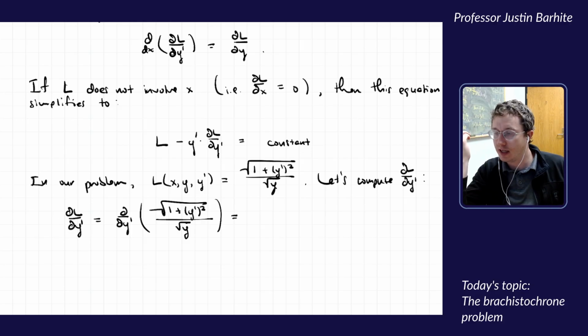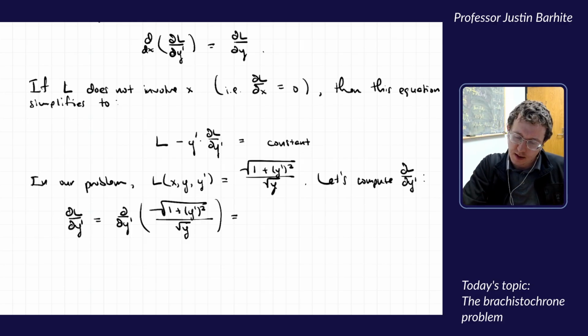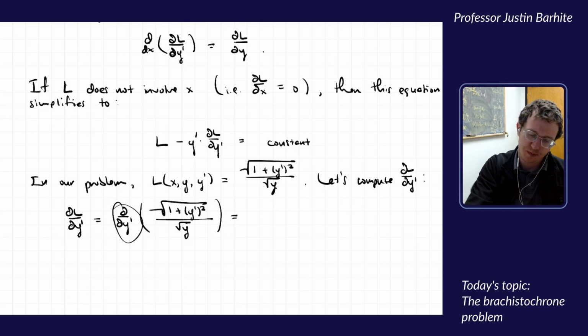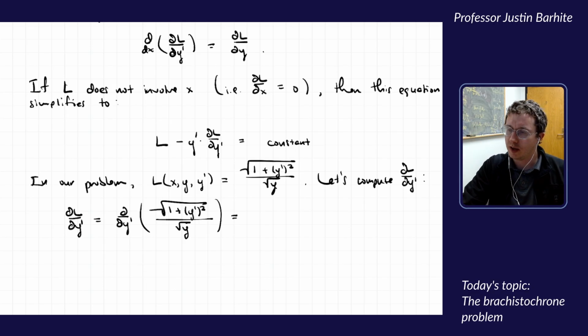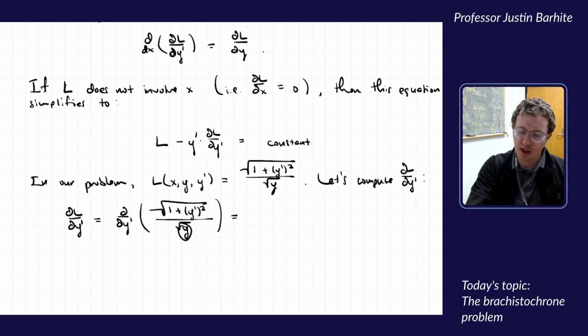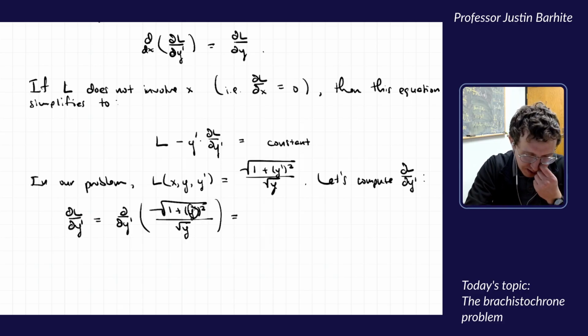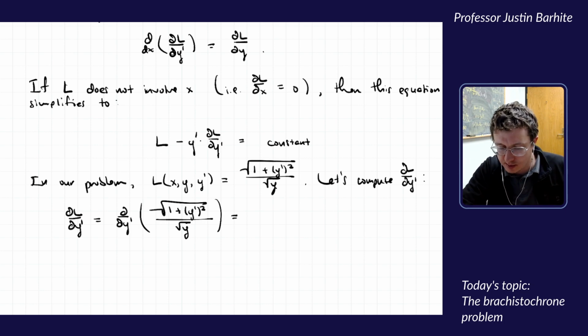It's complicated. But the partial derivative is nice because it tells us we don't have to worry about that. Sure, y prime depends on what y is, but I'm not going to think about that. I'm just going to pretend that y prime and y are totally unrelated variables. And in fact, when I differentiate with respect to y, with a partial derivative, anything that's not y, I'm going to pretend it's a constant.